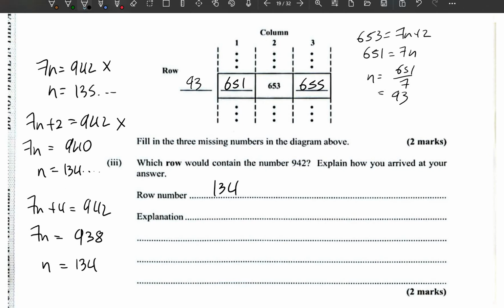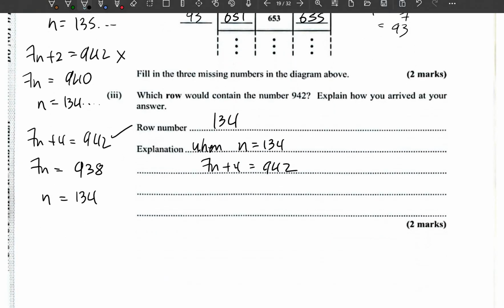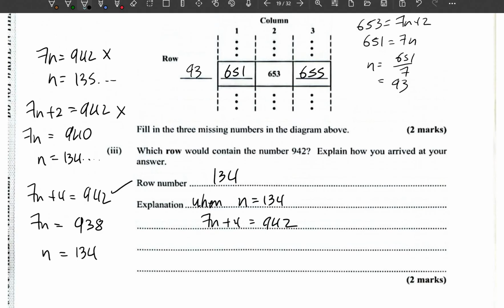And that's because if we equate 7n plus 4 to 942, the n that makes that true is 134. So when n is equal to 134, 7n plus 4 would be equal to 942. And so that is my explanation of the reasoning.